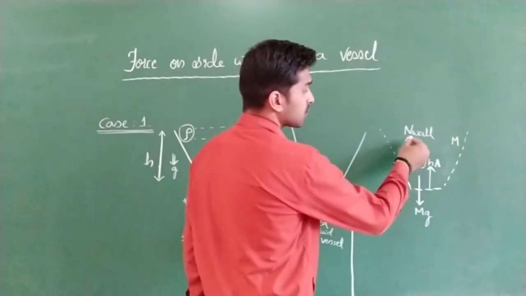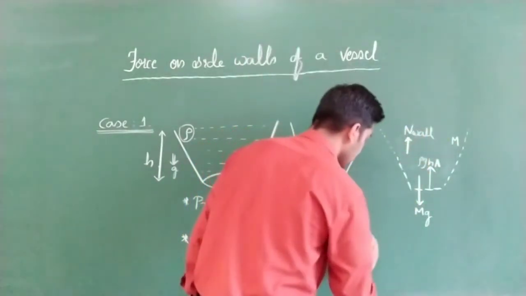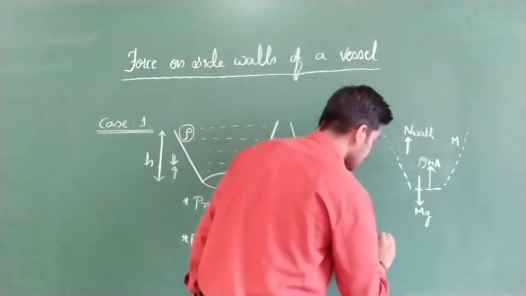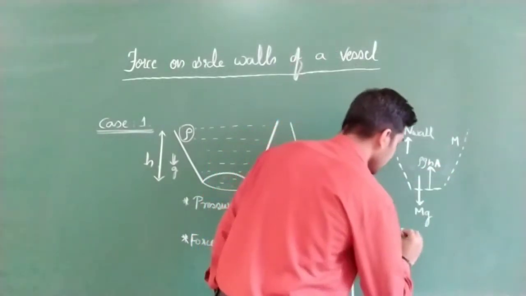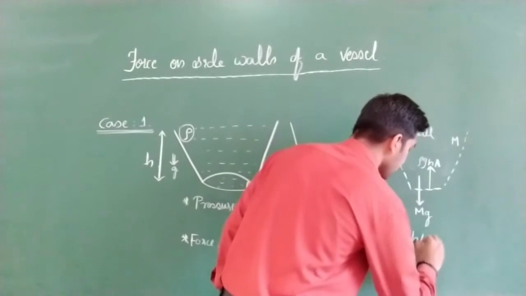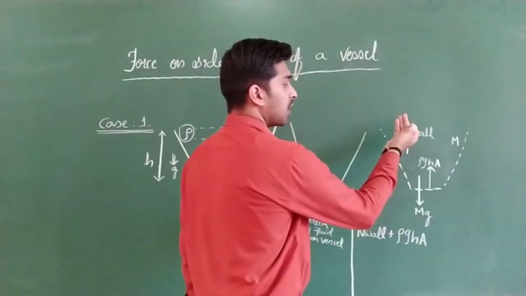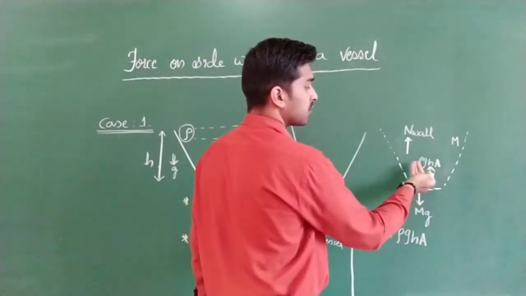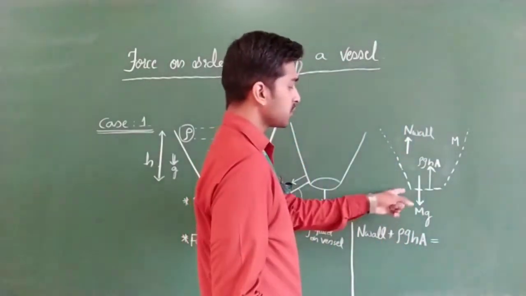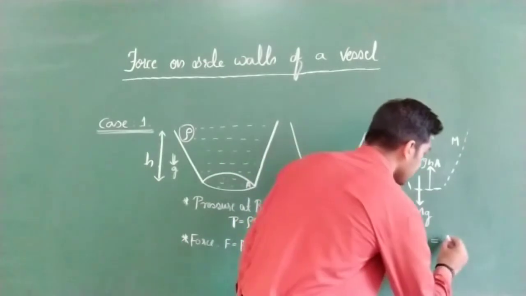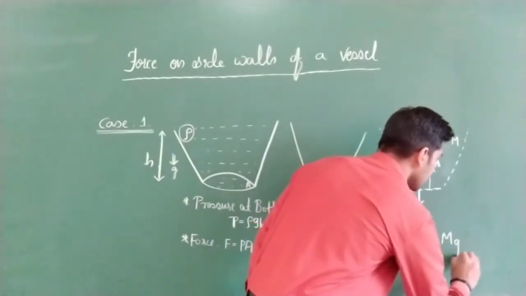So upward forces, what all the things are we having? N wall, which is acting in the upward direction, plus rho g h A. N wall upward direction plus the upward force rho g h A is equal to the force acting in the downward direction, which is mg.